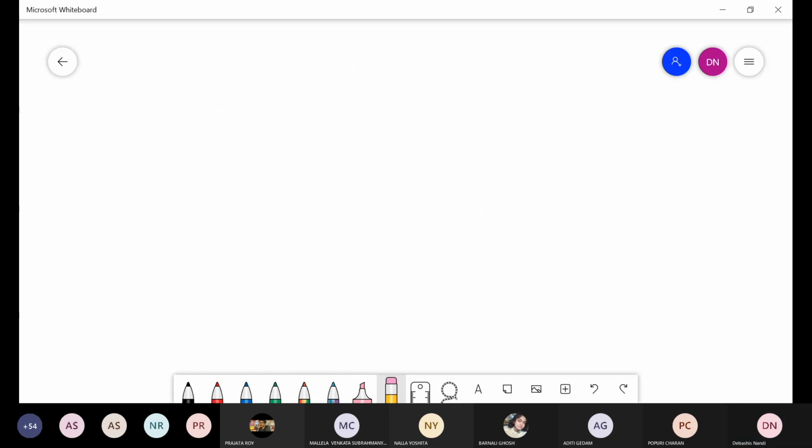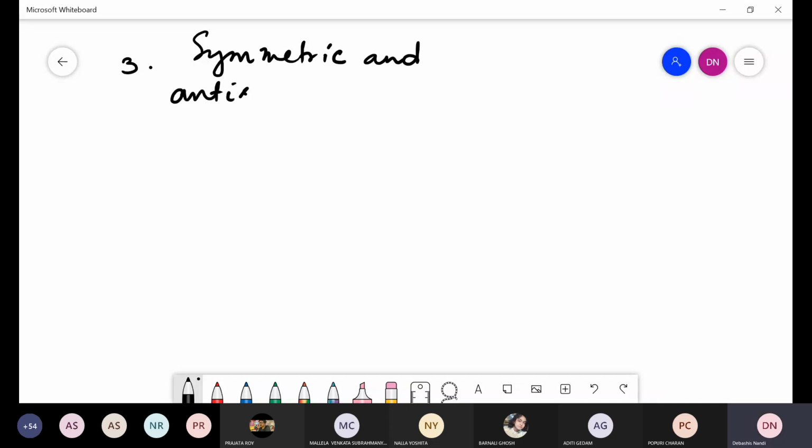Now, the next classification is done based on whether the signal is an odd signal or an even signal. So number 3, symmetric and antisymmetric signal.